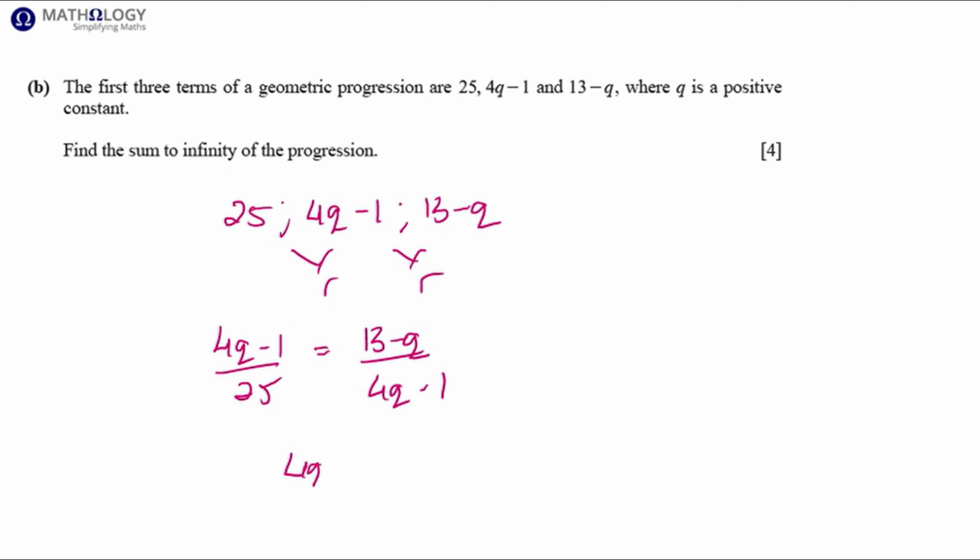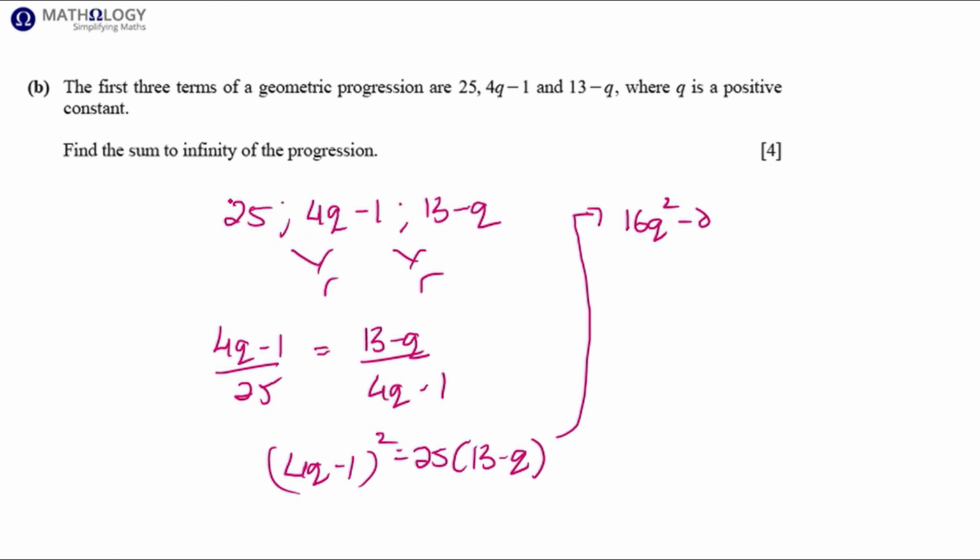Cross multiplying, (4q minus 1) all squared equals 25 times (13 minus q). 16q squared minus 8q plus 1 equals 325 minus 25q.